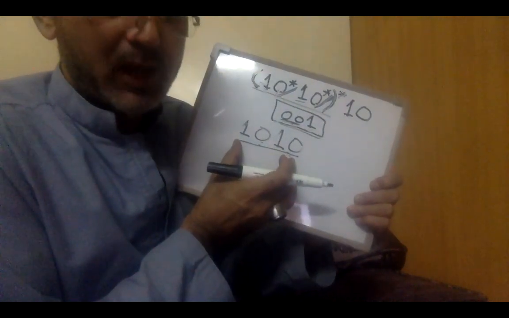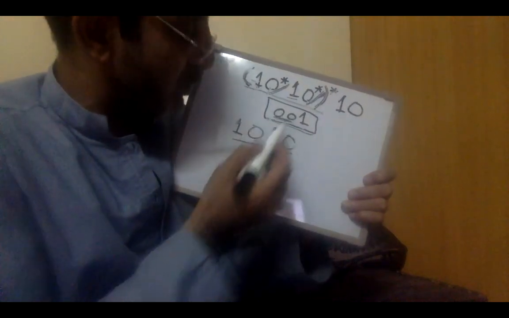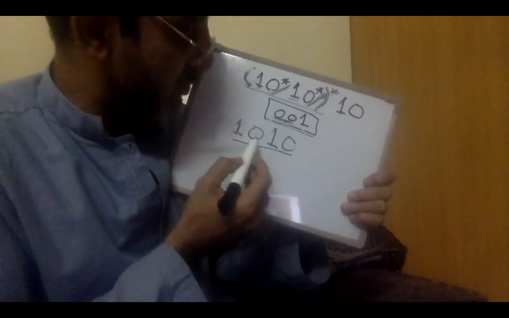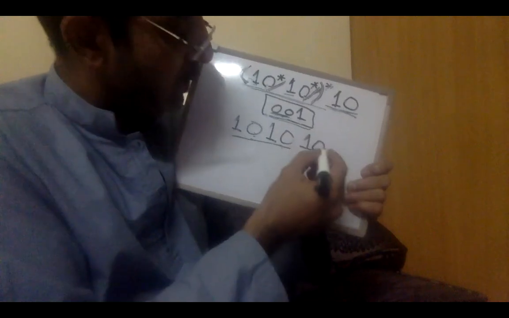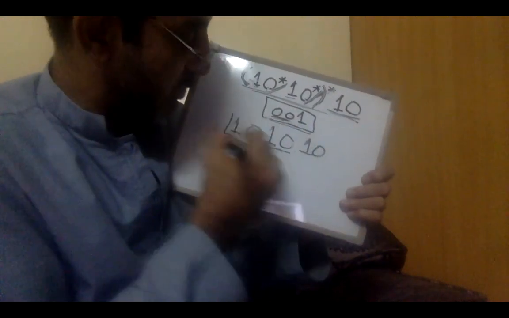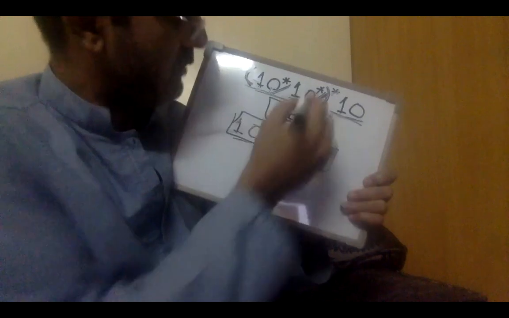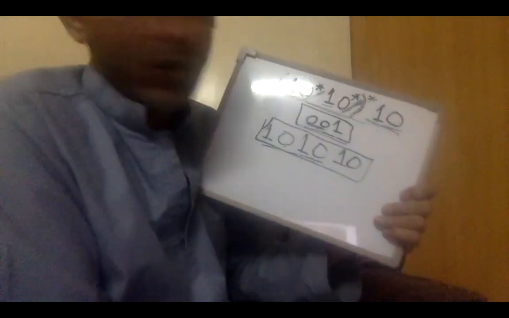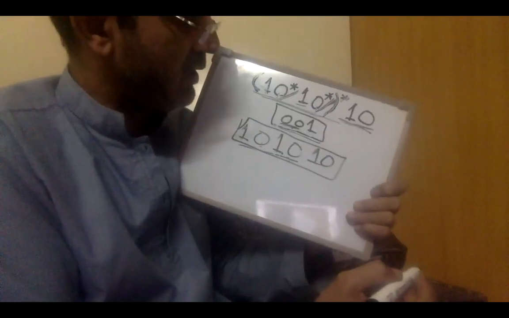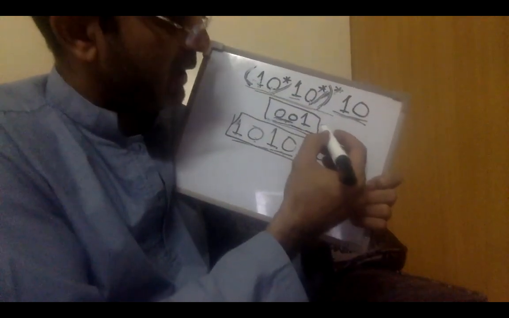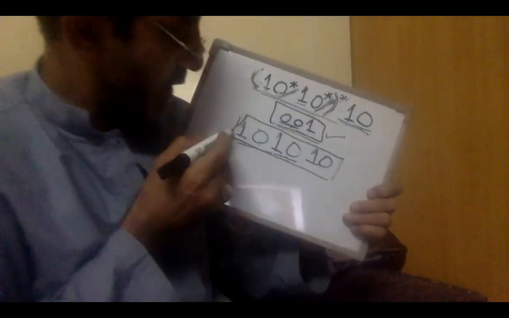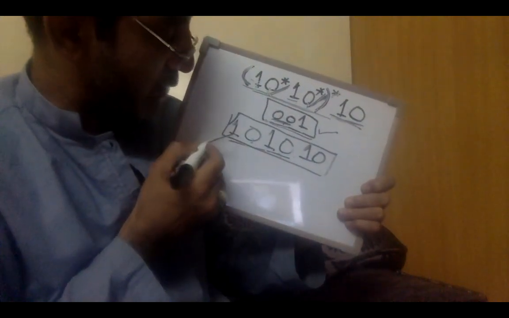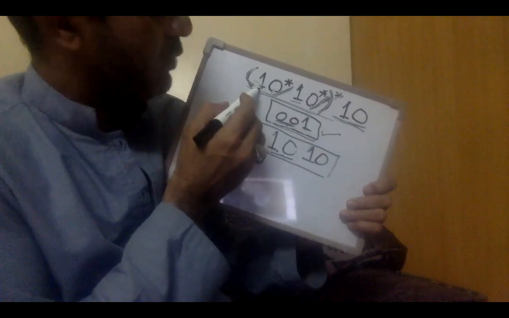My string here is not 0 0, but it is 1 0 1 0 from this part, and this 1 0 is without any condition. So this 1 0 will again become part of that string, and the strings from this whole regular expression are always starting with 1 due to this 1.